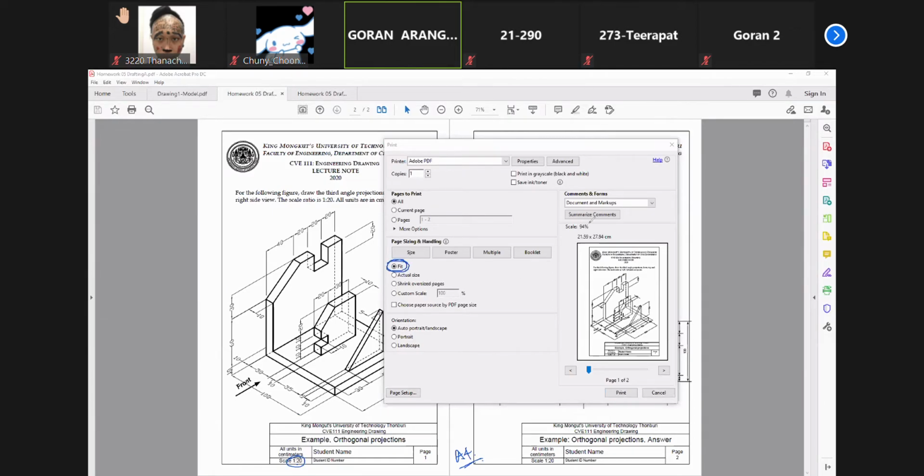So in this case, this paper will be scaled down, let's say in this case to 94%. Actually, since this is the real A4 size, you should not scale down. So you should use actual size, which is 100%.